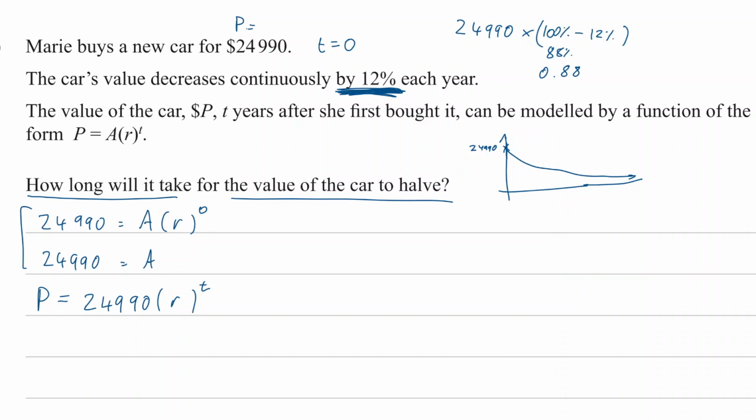So each year we multiply it by 0.88 to decrease the value by 12%. So in here, we're going to replace R with 0.88. The question gave us that it decreases by 12%. We converted that to 0.88 because that's the thing we're multiplying by each year.